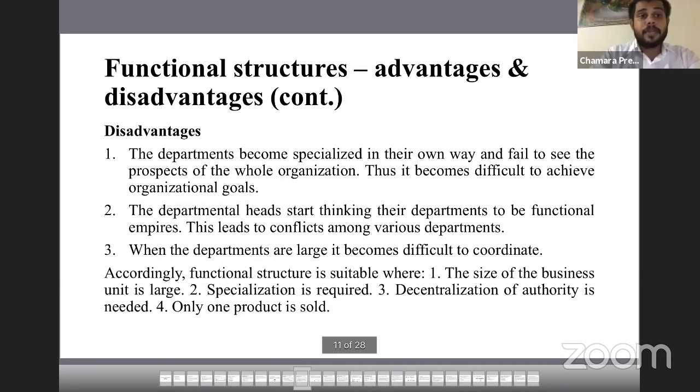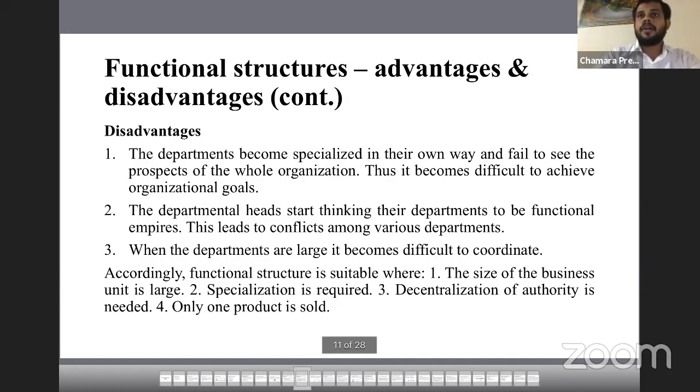So this leads to conflict among various departments. And when the departments are large, it becomes difficult to coordinate as well, right? Sometimes a department itself becomes a large one, and then it's difficult to coordinate.